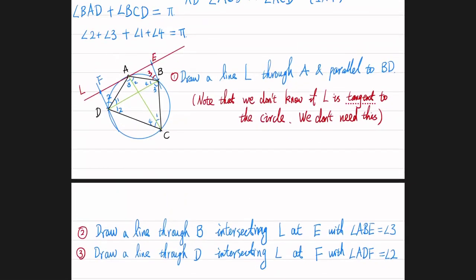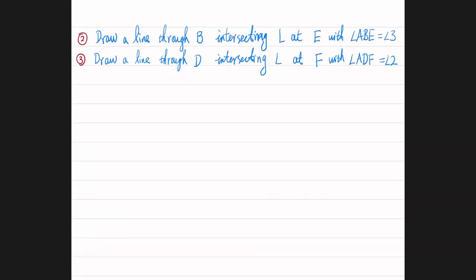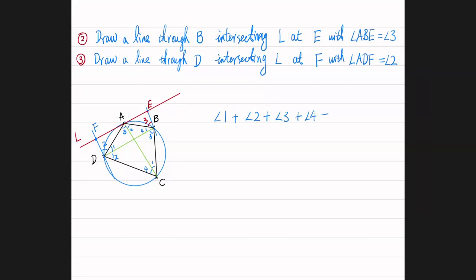Let me make a copy and we'll go to the next page. Oh, I have all the angles. Very nice. What we have is angle 1, angle 2, angle 3, angle 4 is pi.